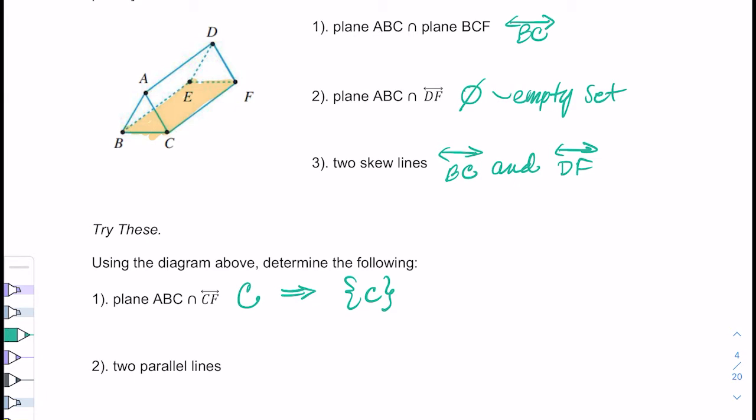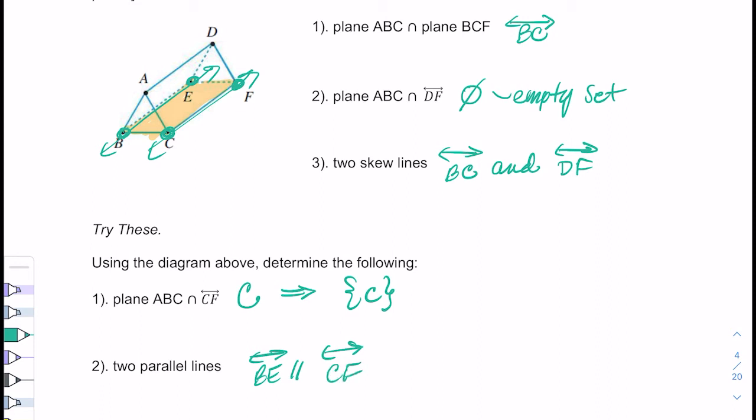So we could call that plane BCF. What would be 2 lines that look like they never intersect? One of them could be line CF, and then the other would be the line kind of behind it, line BE. So we would say line BE is parallel to line CF.